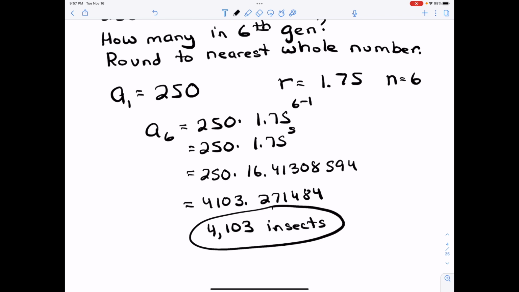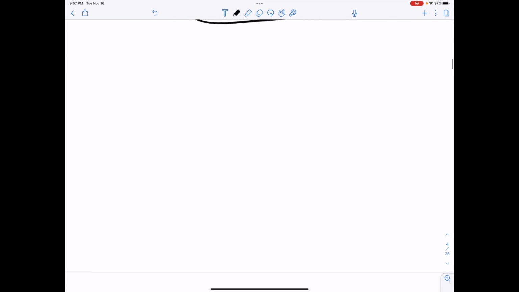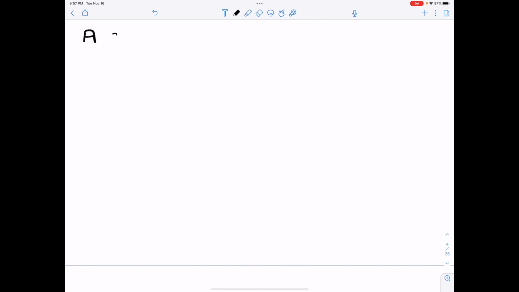Okay, now as promised, we're going to get into series next. Just like we did with arithmetic sequences and series, we're going to jump from geometric sequences to geometric series. And it's the same kind of thinking where if you know the terms in the sequence, you add them up for the series.